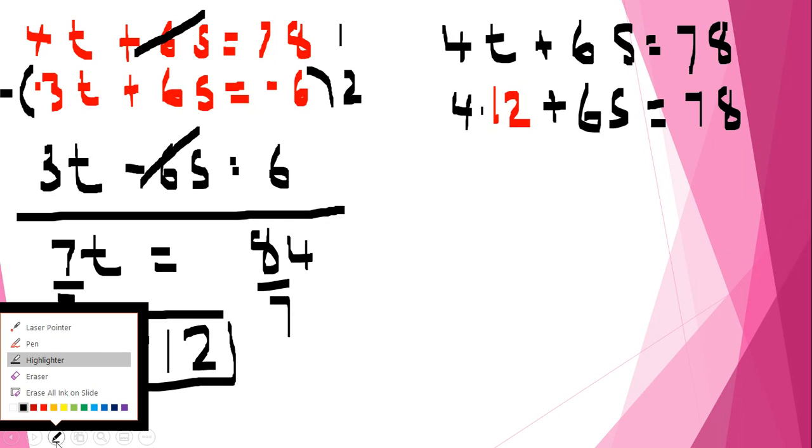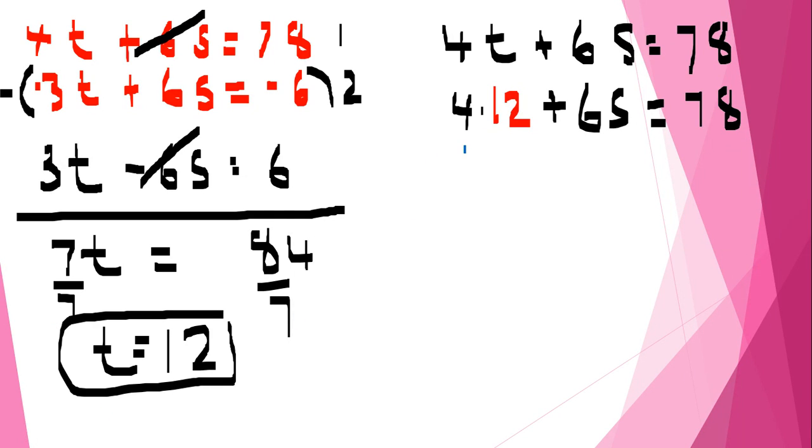Now from here, we calculate 4 times 12 to get 48. I drop down the 6s and the 78. And then we can do our two-step equations here.